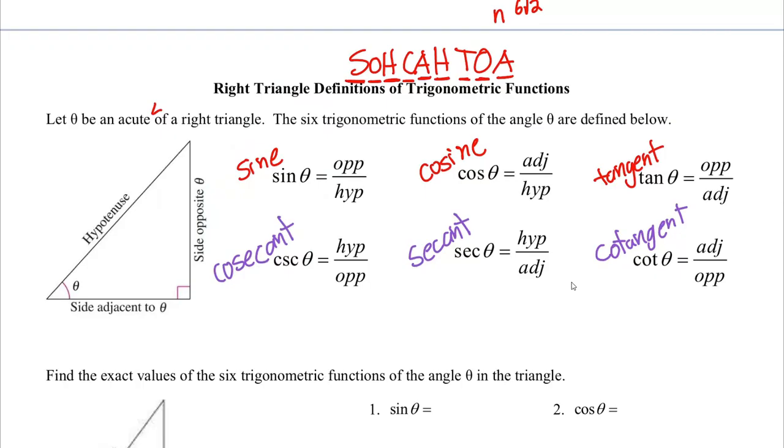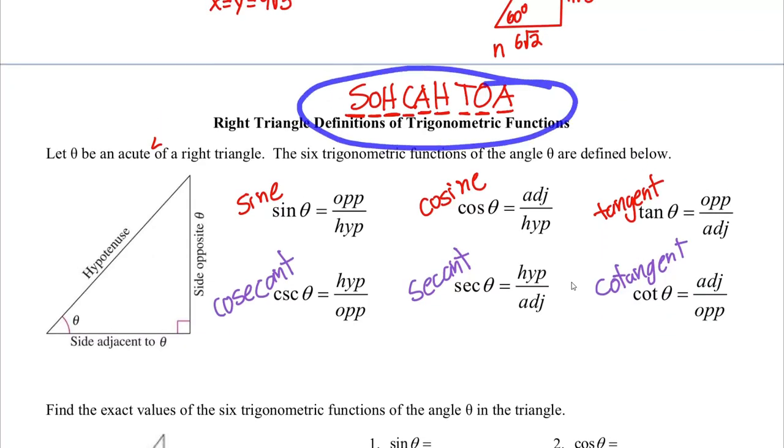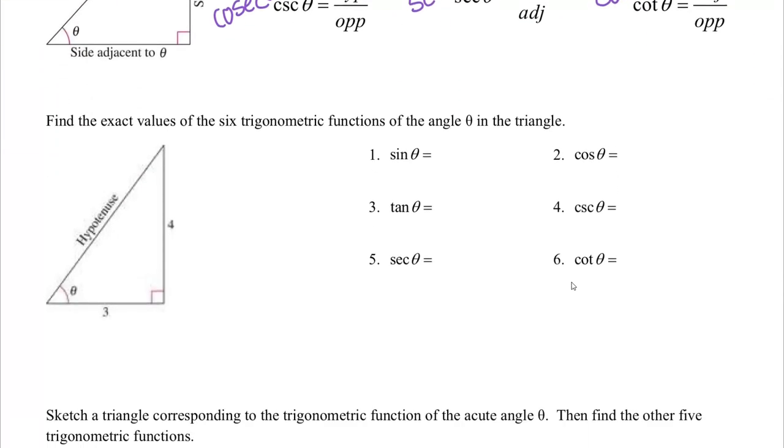If you have cosine, you should have a secant. And if you have tangent, you should have cotangent. Does that make sense? Do we have any questions on those? So really, you just need to memorize SOHCAHTOA again, and then you need to know which one of these corresponds with which. Okay? So we are going to go ahead and do some work with this.